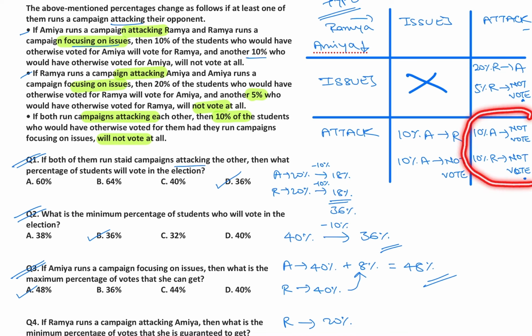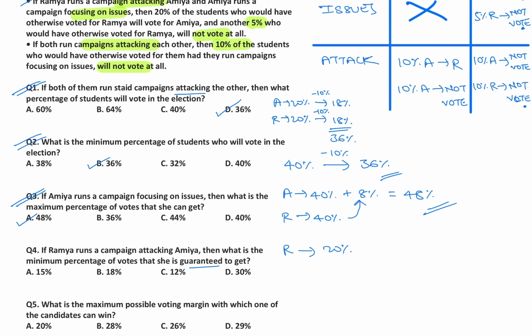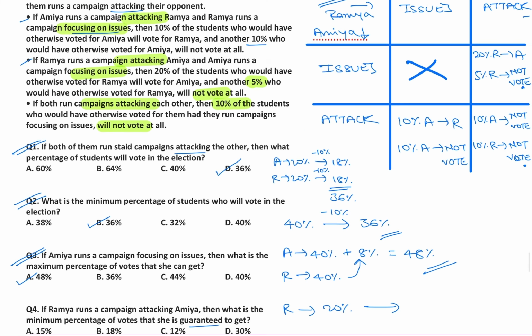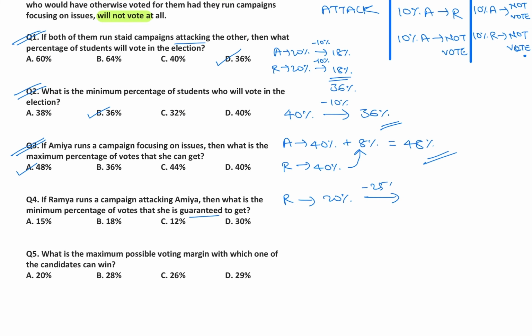And here, overall, Ramya is losing only 10% of the voters. And I have to minimize Ramya's votes. So what I'll do is I'll take this case where her 25% of the voters are getting reduced. Okay, so I have already taken the lowest possible voters for Ramya, which is 20%, and from this case I'll have 20 plus 5, that is 25% removed from 20%.